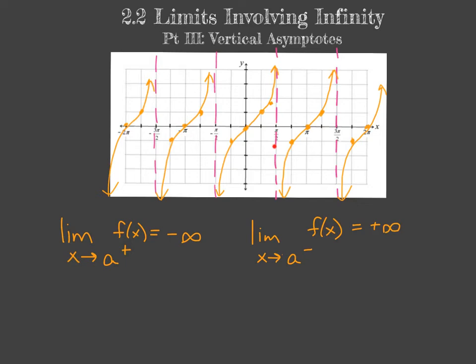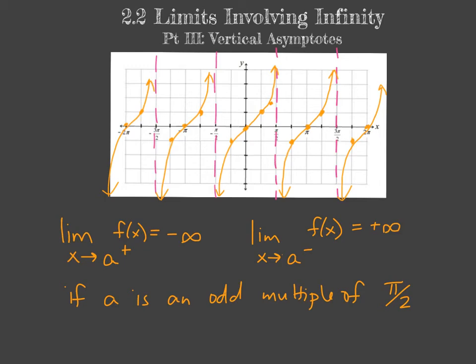Well, A is every time we have pi over 2, 3 pi over 2, and the next one will be 5 pi over 2, 7 pi over 2, same thing in the negative direction. So it's all the odd multiples of pi over 2. The way that we can write that is these limits approach negative and positive infinity if A is an odd multiple of pi over 2.